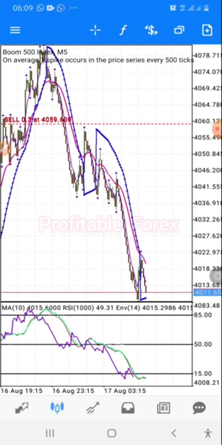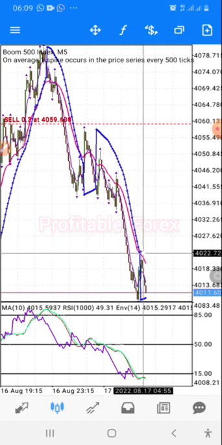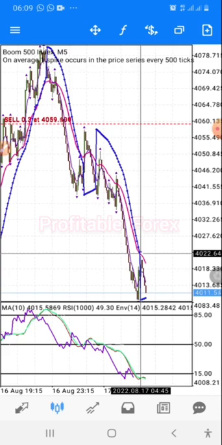Okay, so let me show you an example of the one at the support zone. We have one here that is being met here. Can you see the second touch, that it tallies with that angle?